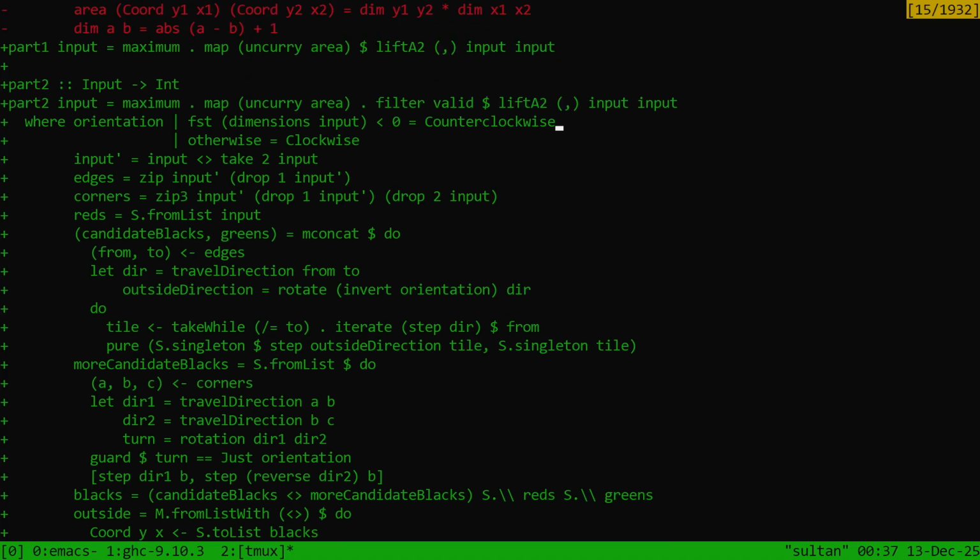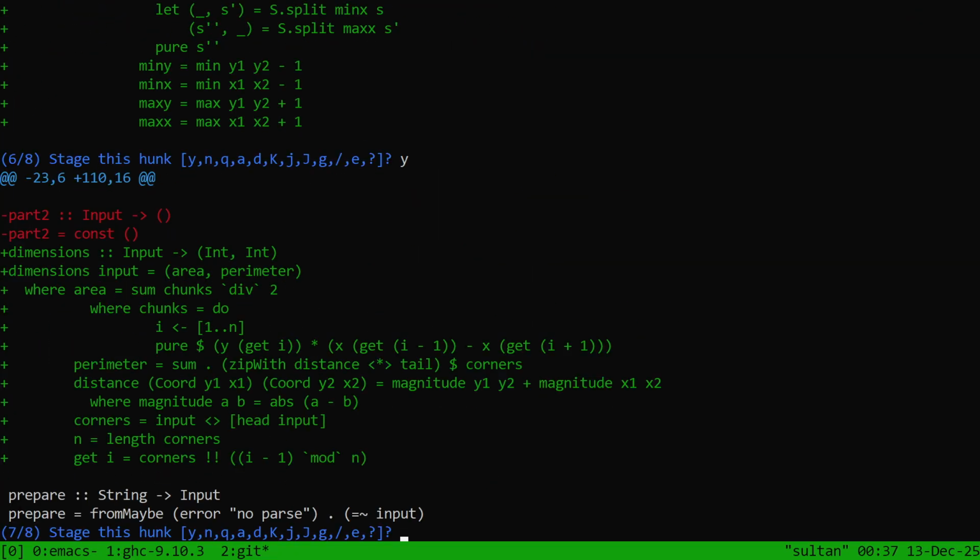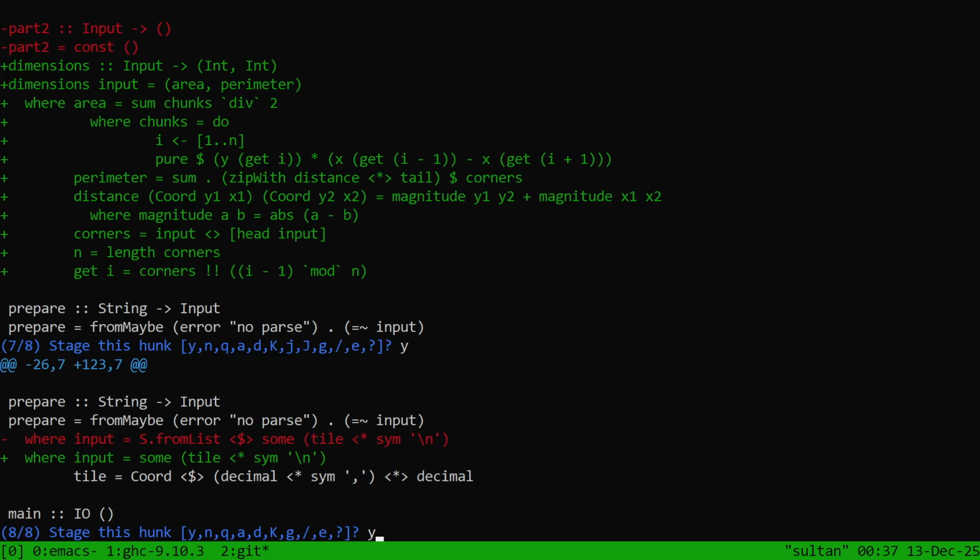I don't think so. There must have been some intermediate version that was going to use it that I didn't end up... Oh, here it is. It's in dimensions. That's right. Which I don't end up using, but... Oh, actually, I do, right? Because part 2 needs to know the orientation of the shape.